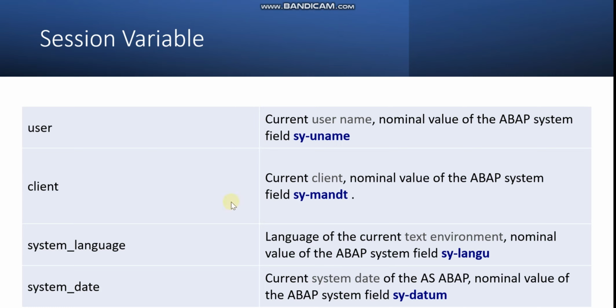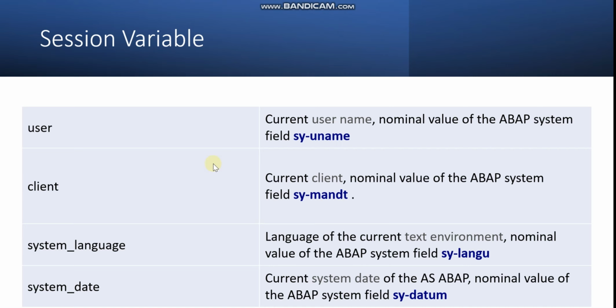These are the variables which will be available for the session variable: user, client, language and date. The user is the name of the user whichever you are using for your system. This is similar to the field called uname in our ABAP system.